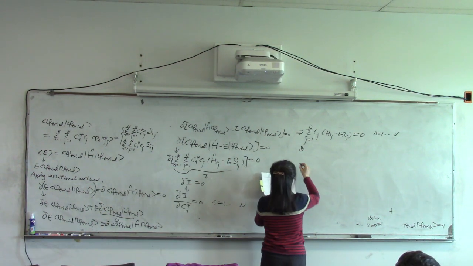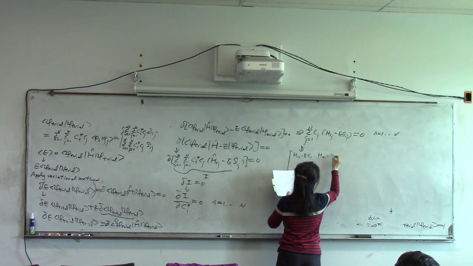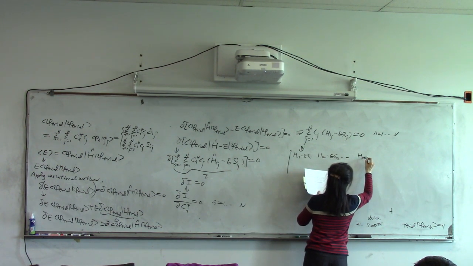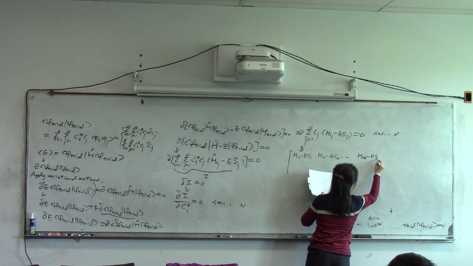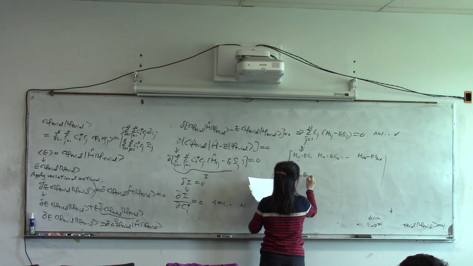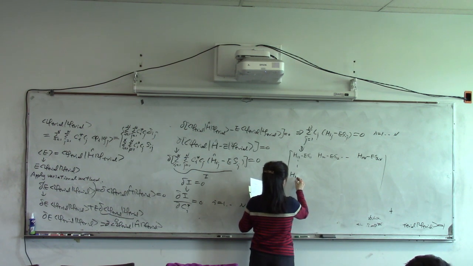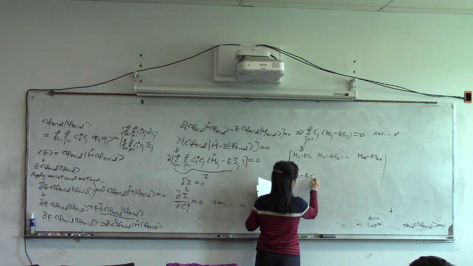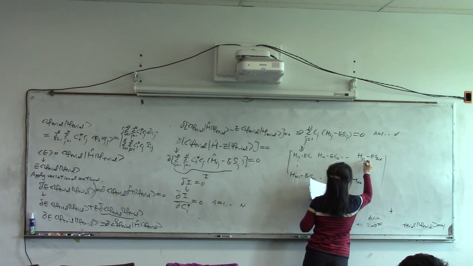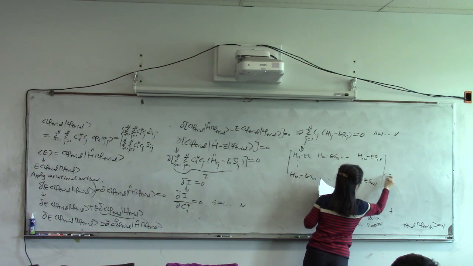Let's go to H11 minus E S11, H12 minus E S12, and so on, until H1N minus E S1N, down to HNN minus E SNN, equal to 0.